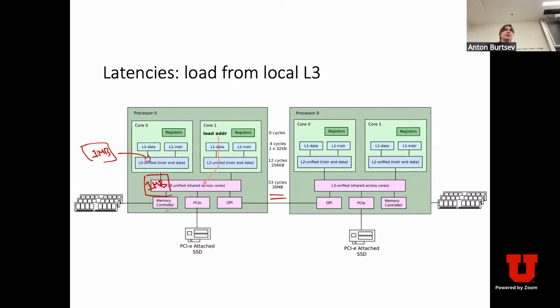If I ask you a question like access to memory, if there is an L3 miss, how long does it take to fetch something from memory? We keep talking about it, so we should know the number now. 100, a little more.